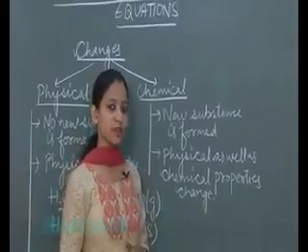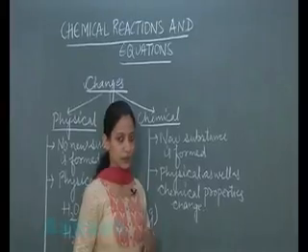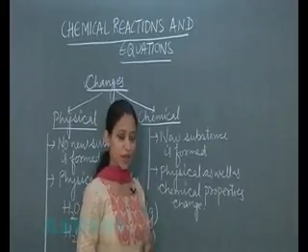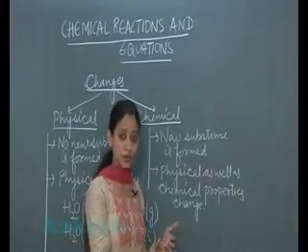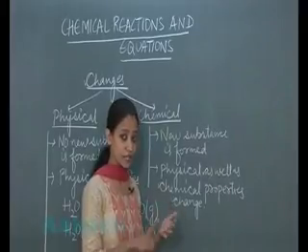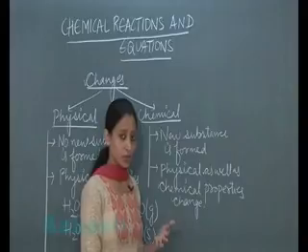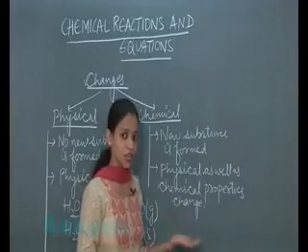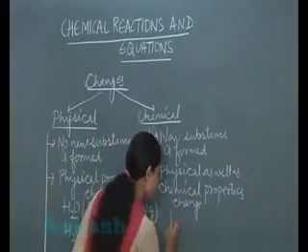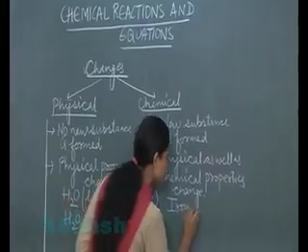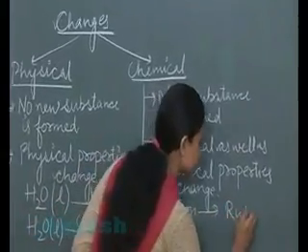You must be familiar with rusting of iron. What happens in the rusting of iron? Iron gets converted into rust. What are the physical colors of these substances? Iron is silver in color and rust is brown in color. So let us see what type of change this is.